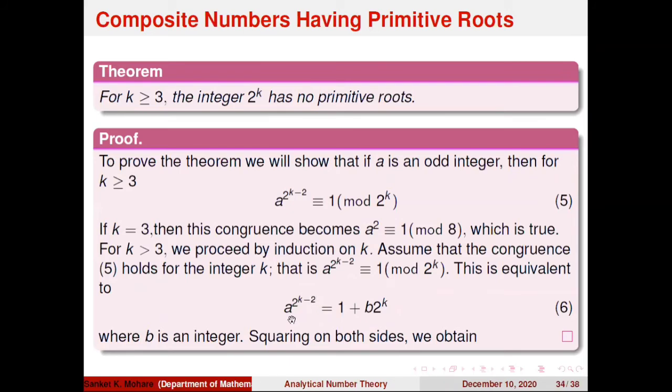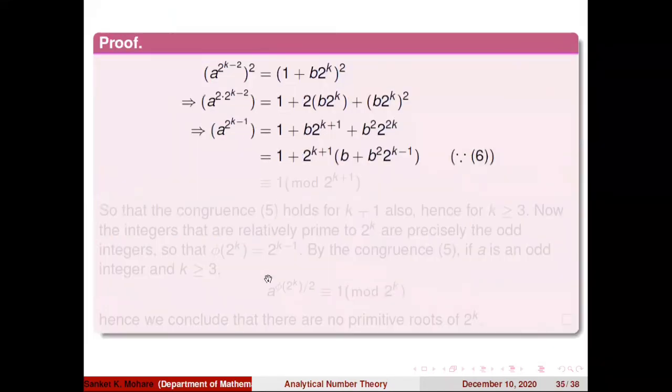So a to the power 2 to the power k minus 1 is congruent to 1 plus b into 2 to the power k plus 1. Getting this? So here also, a to the power 2 to the power k minus 1 equals 1 plus 2 to the power k plus 1 in bracket this.